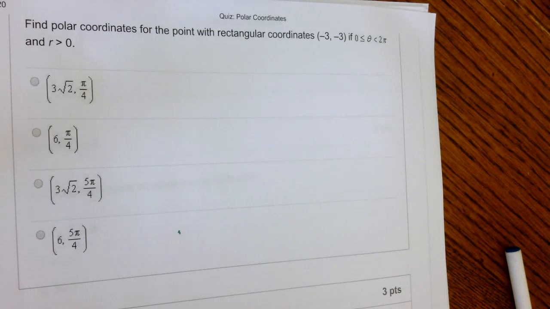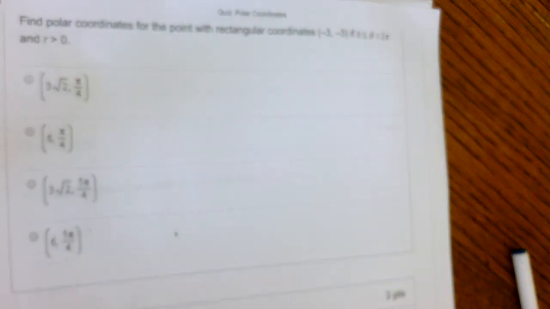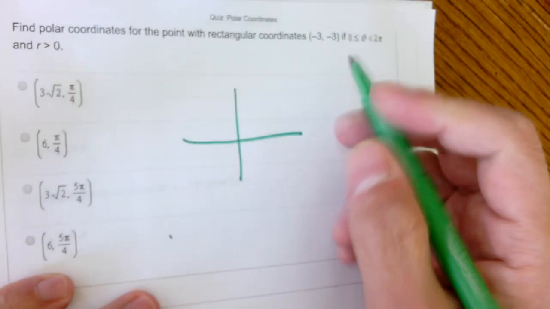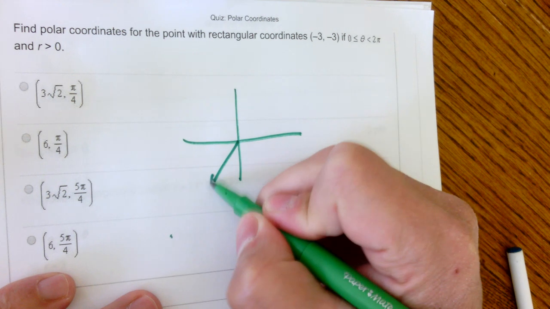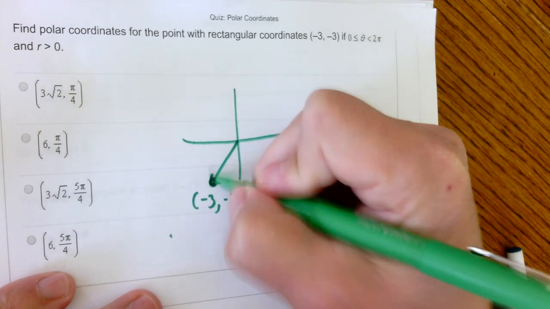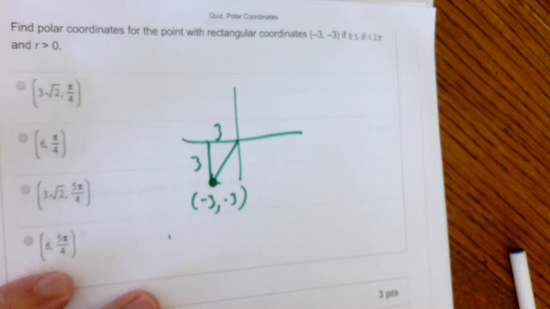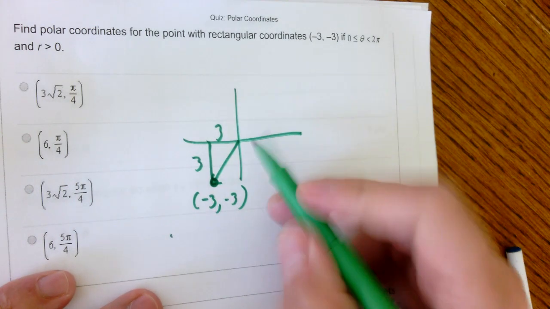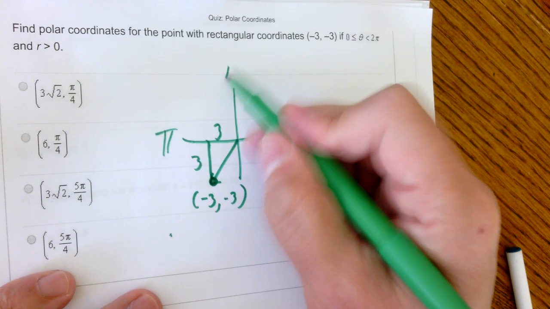All right, so now we're going to convert from rectangular to polar on this. So I'm going to plot. Again, we should know the legs are the same length, so that's going to be 45 degrees. So that angle, again, this is pi.